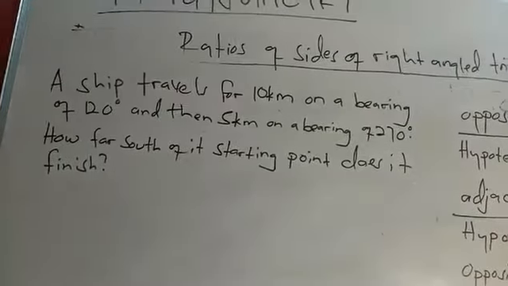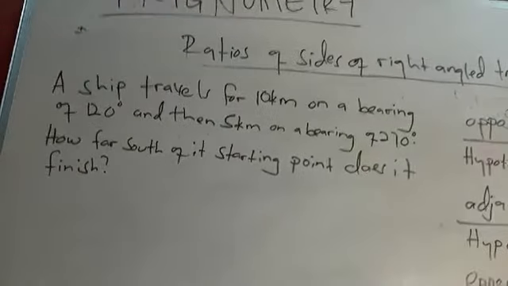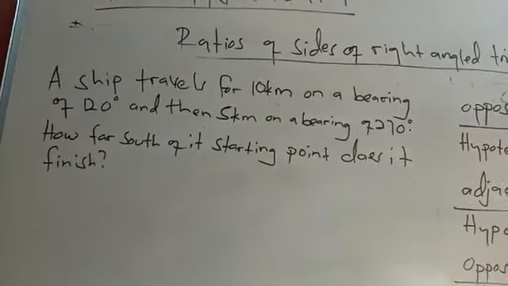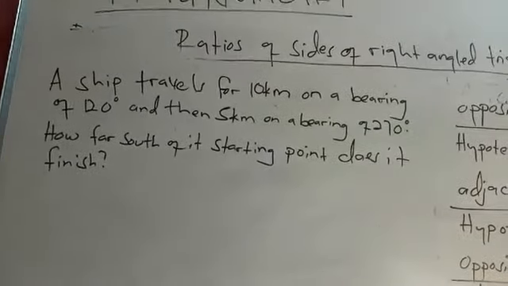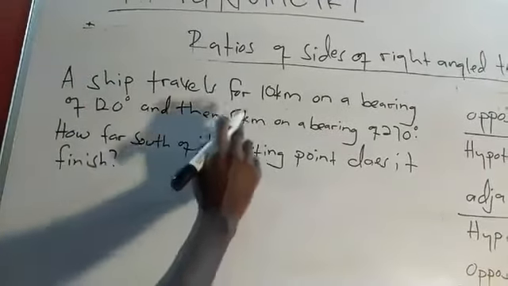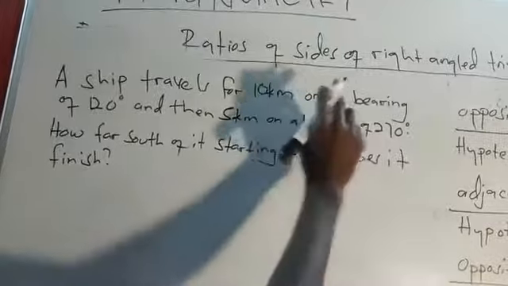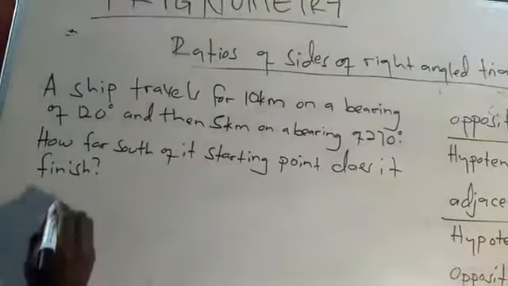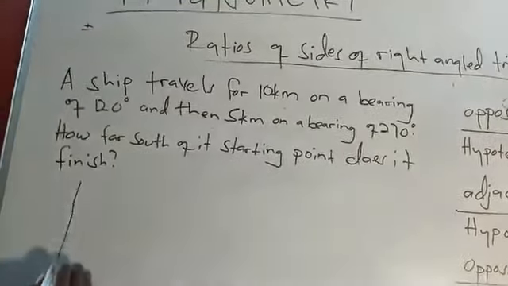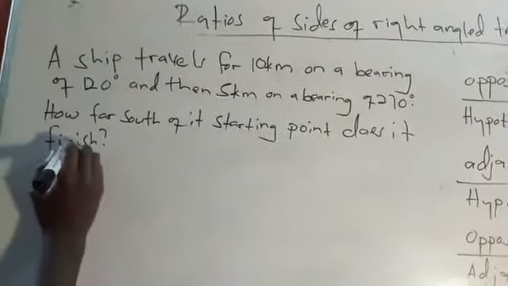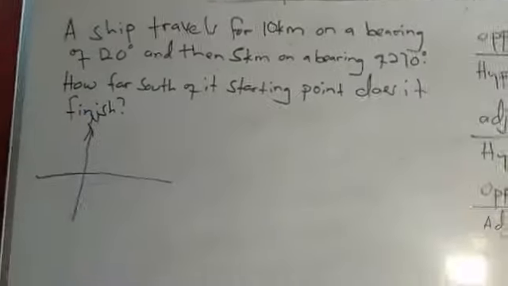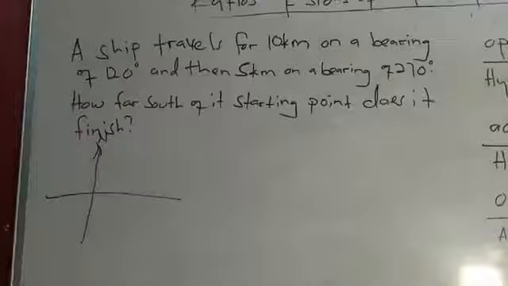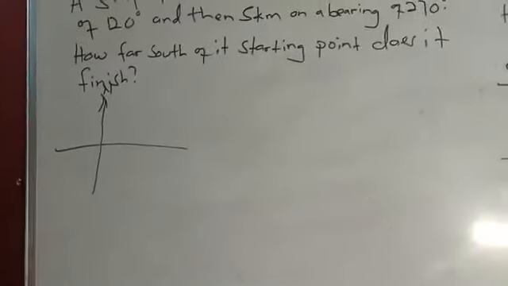So let's try to sketch the journey. They have told us a ship travels for 10 kilometers on a bearing of 120. So we shall have our compass here, coming north, on a bearing of 120 degrees.